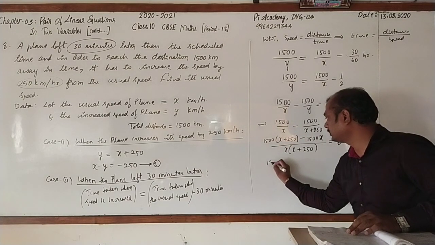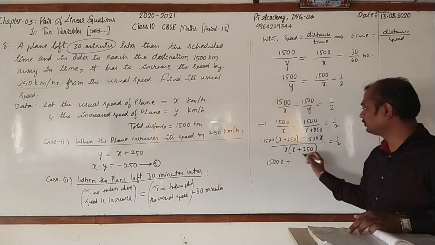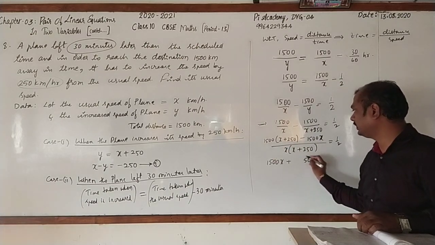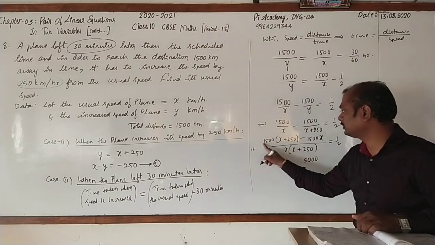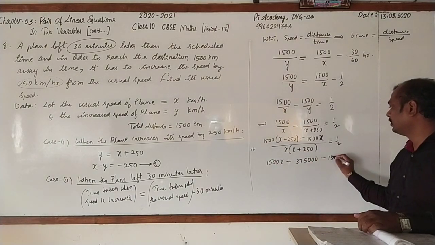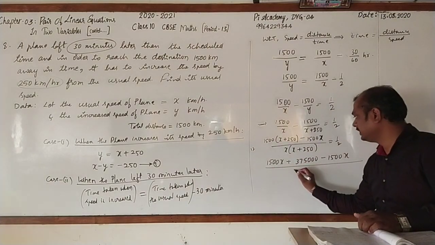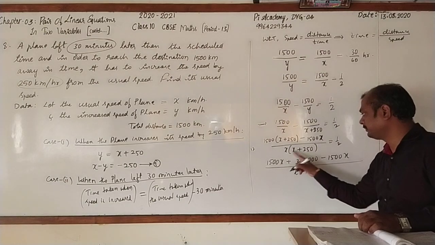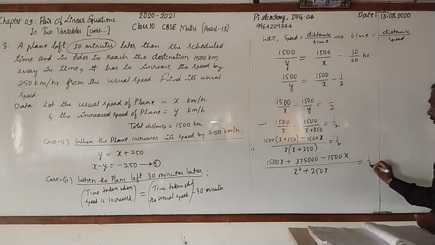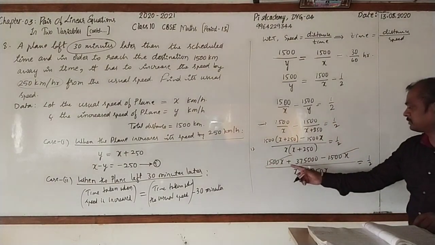Multiply: 1500x plus 1500 into 250, it is 375000, minus 1500x, and multiplying x into x, x square plus 250x, equal to 1 by 2. These get cancelled. Now cross multiply.